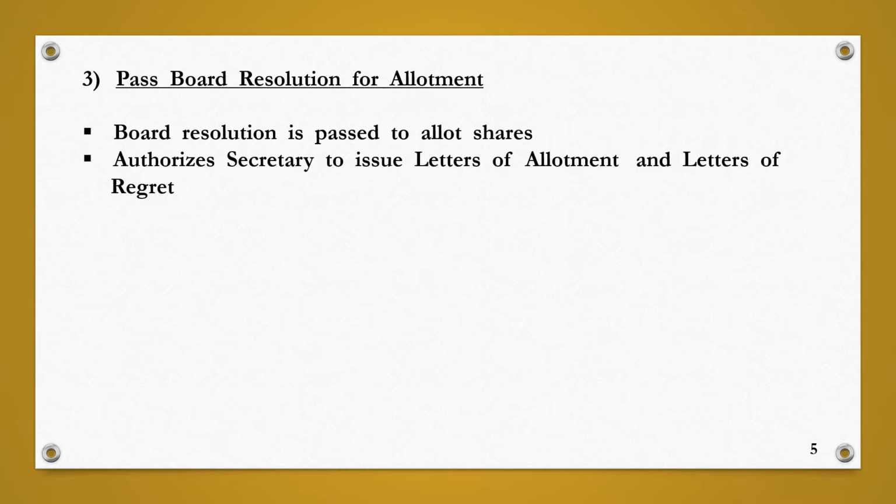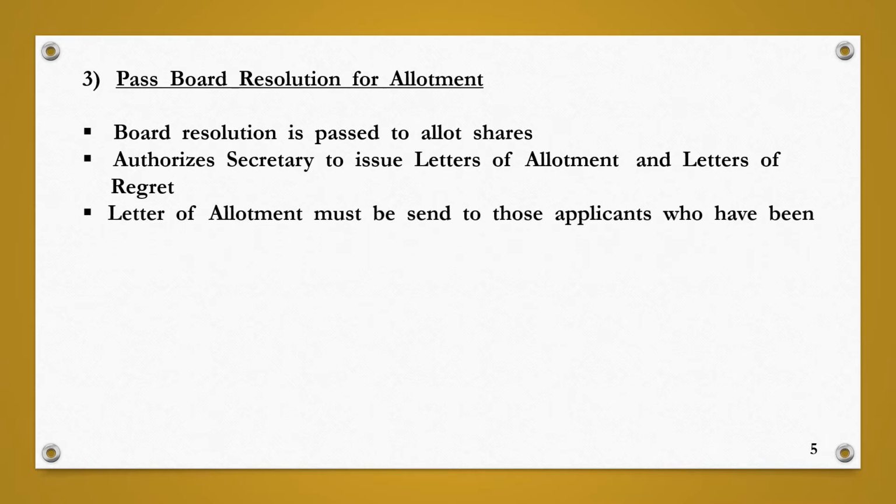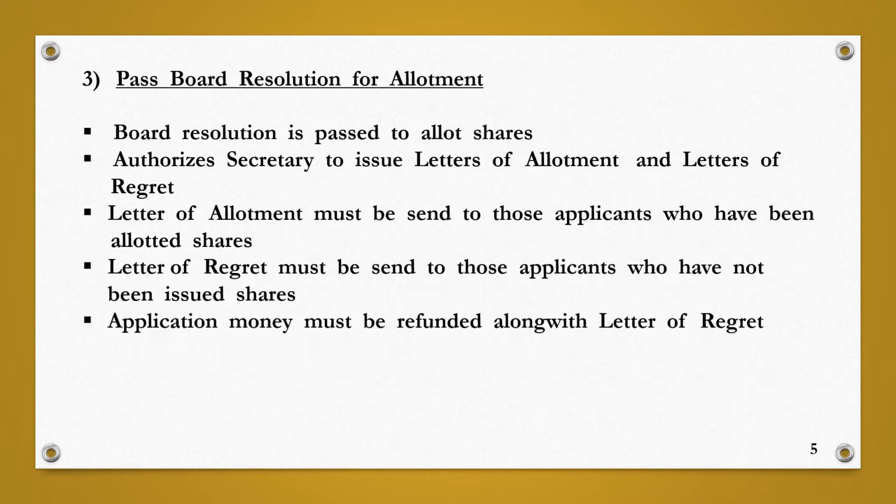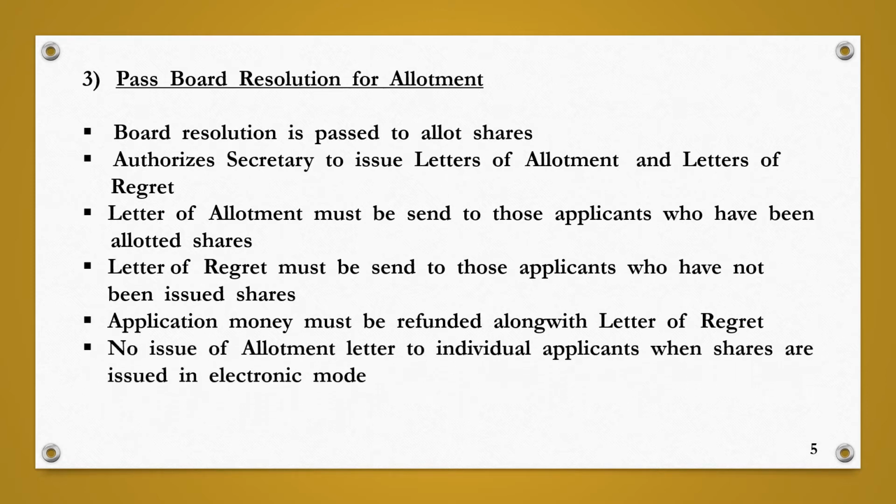All those applicants to whom company has allotted shares must be sent a letter of allotment, whereas all those applicants to whom company has not issued shares must be informed by sending a letter of regret. Further, when the company sends letter of regret, it also needs to return or refund the application money along with it.